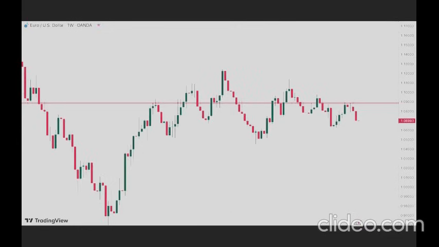In order to understand here, let me use this tool to show you guys the view of market structure and how the market structure played out.